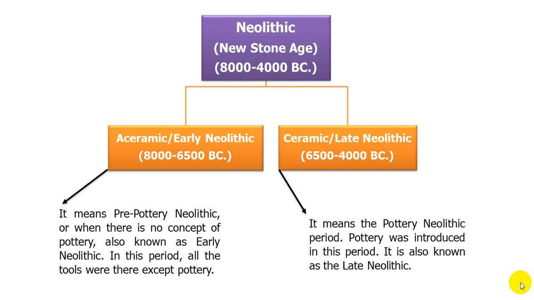Aceramic Neolithic means pre-pottery Neolithic, when there is no concept of pottery. In this period, all the tools were there except pottery. The second period, ceramic Neolithic or late Neolithic, means that pottery was introduced in this period. It is also known as the late Neolithic period.